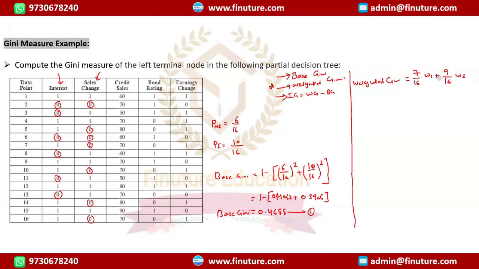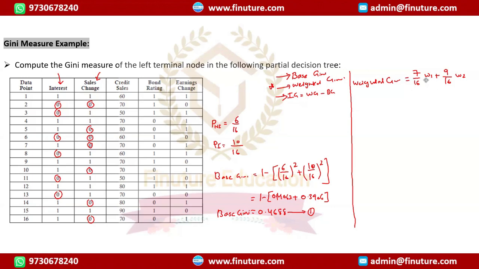Now calculating these weights is a bit trickier. You have to calculate the weight when firm sales have not changed. So now you just have to focus, first only on 0.